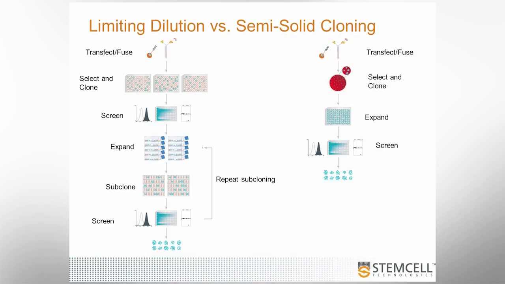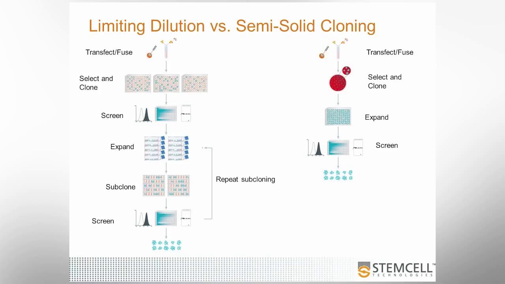So let's compare these two cloning methods side by side. The first step, that transfection and fusion step, is basically identical between the two sides. For limiting dilution, you then have selection and cloning occurring in liquid medium in the 96-well plates.